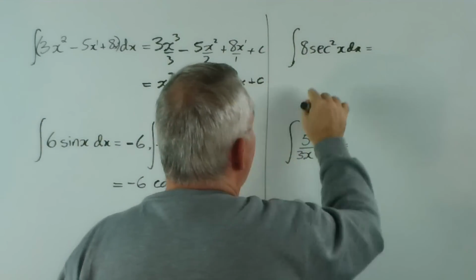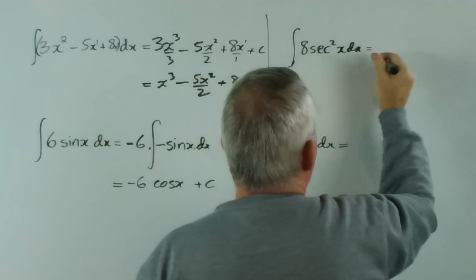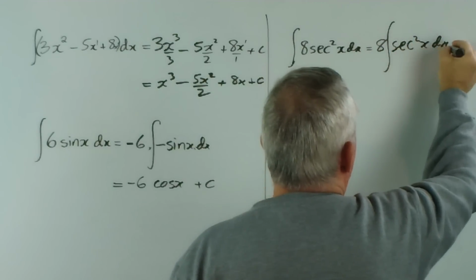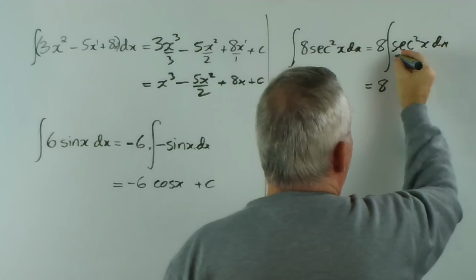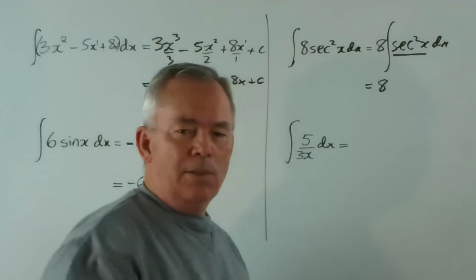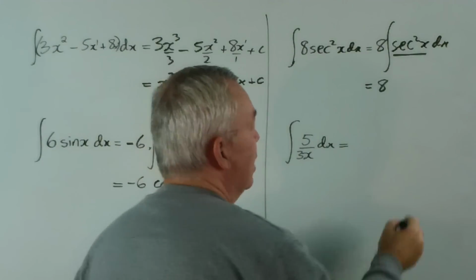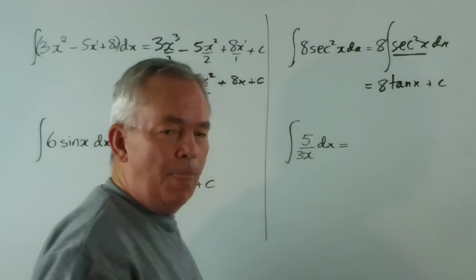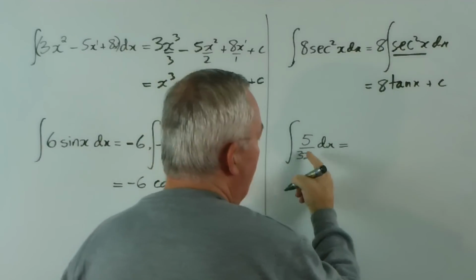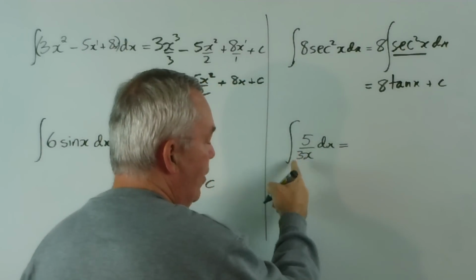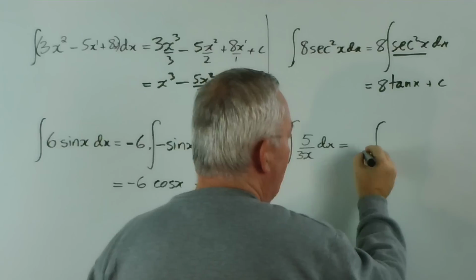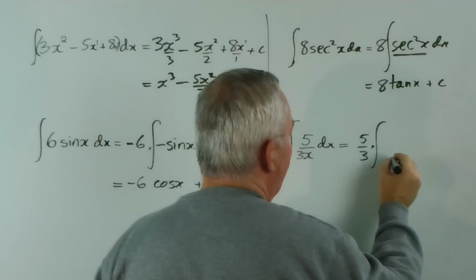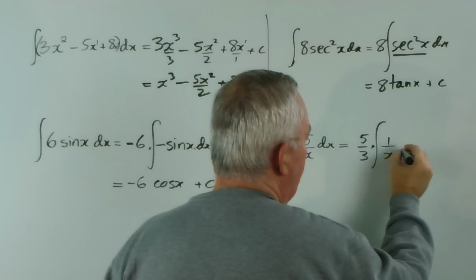This one here, if I move the 8 outside, the integral of sec squared dx, that's one of our pure integrals, is exactly tan x. And this one here, you notice I've got a 5 and a 3 that are in the road, so I'll move both of them out. 5 on 3 times 1 on x dx.